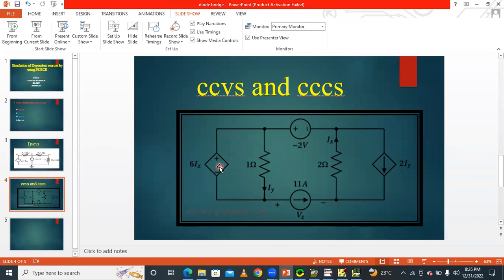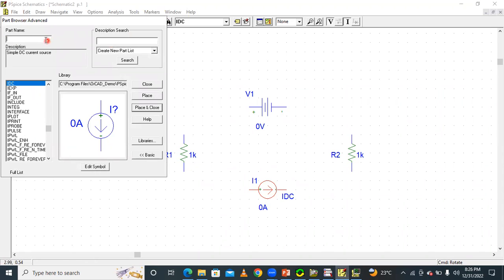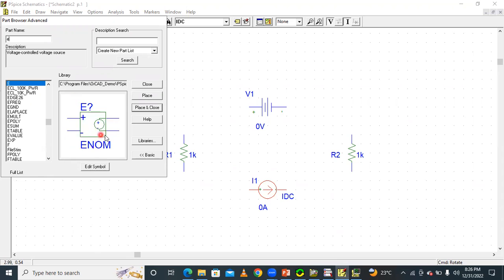And next, this is a voltage source depending on current. So go to the library, PSpice library, enter. E is called the voltage dependent voltage source. F is the current dependent current source. G is a current source that depends on voltage.